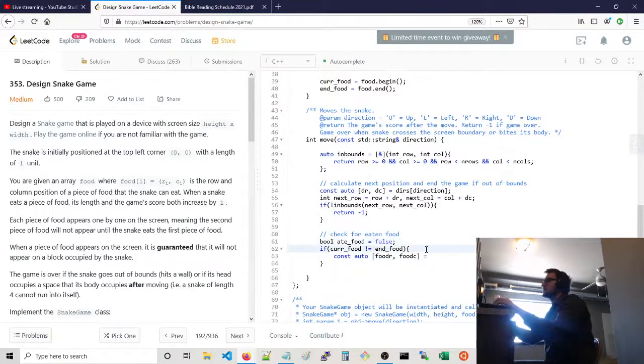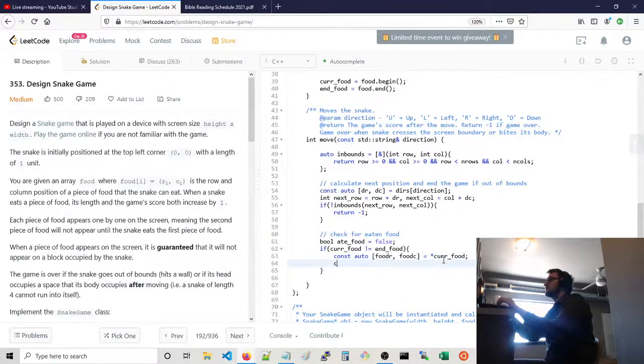False. So if we haven't eaten all of the food yet, food RF is going to be current food dereferenced plus current food. Or no, not necessarily. We say if next row equals food R and next column equals food C, we'll set ate food equals true.